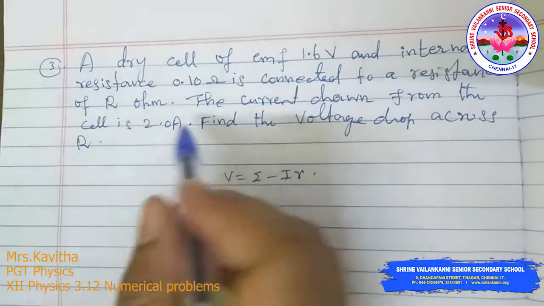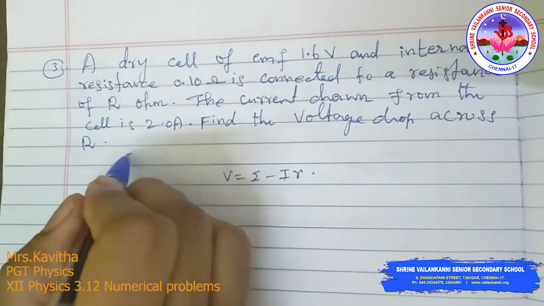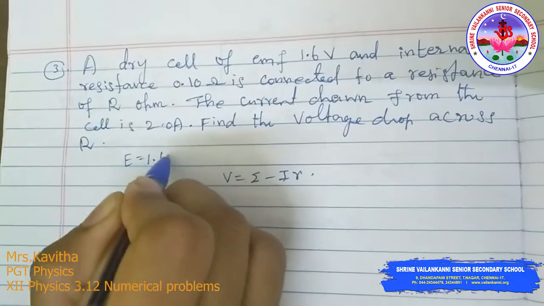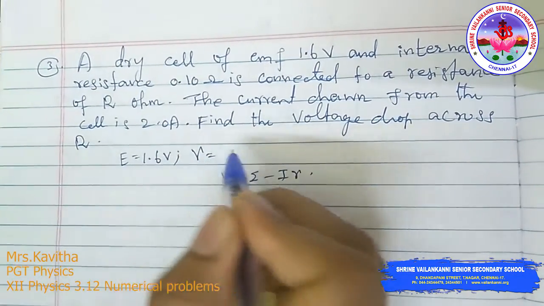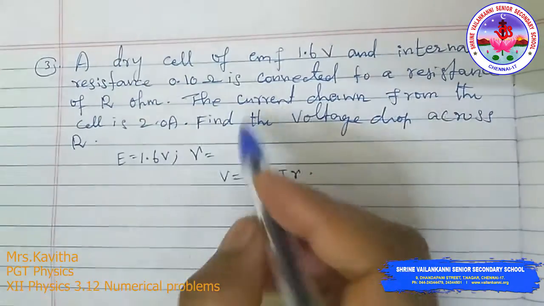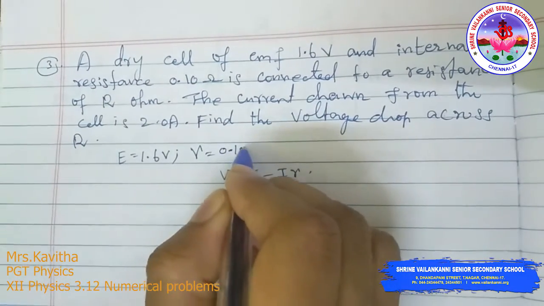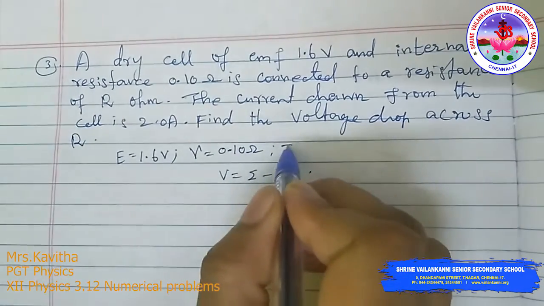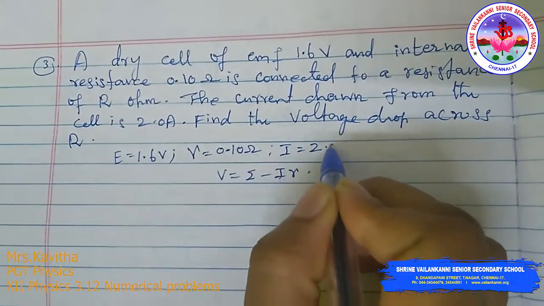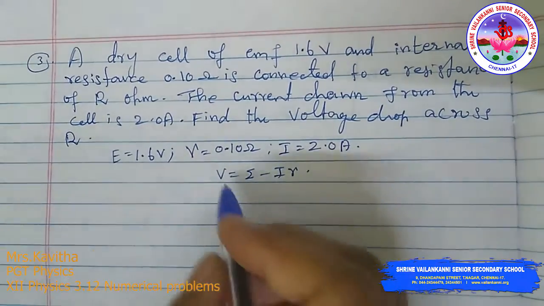They have given the value of E, which is 1.6 volt, and the r value also, 0.10 ohm, and the I, which is 2.0 ampere, directly given.